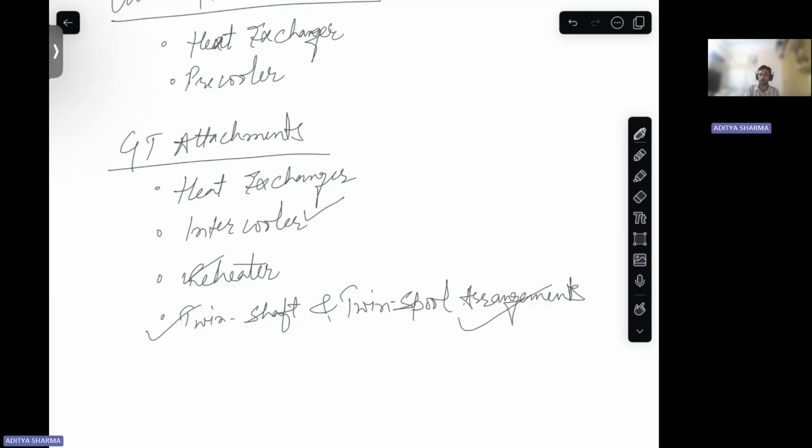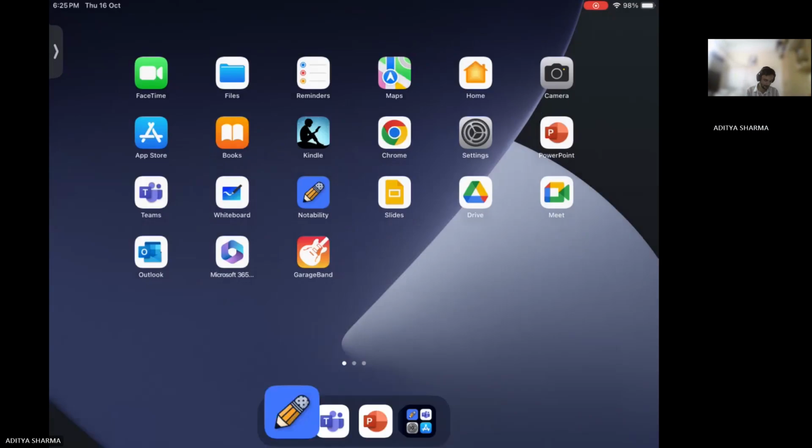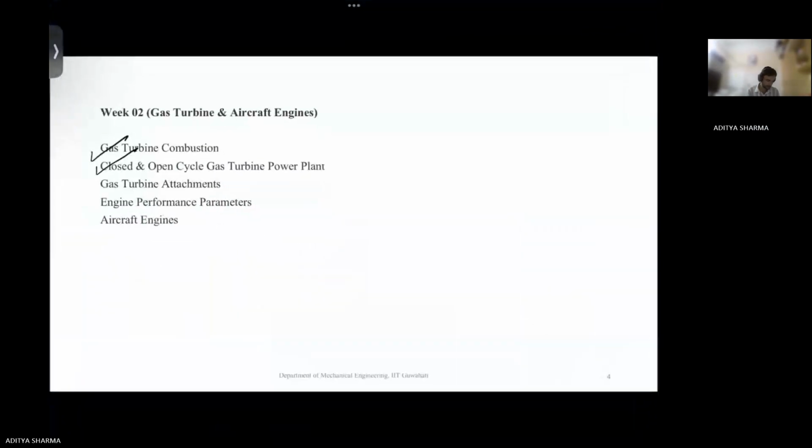The same goes for your compressors. Okay, we are using two different compressors, let's say, and we want different compression speeds for these two compressors. So what we will do is use this twin spool arrangement. Okay. So these are gas turbine attachments.